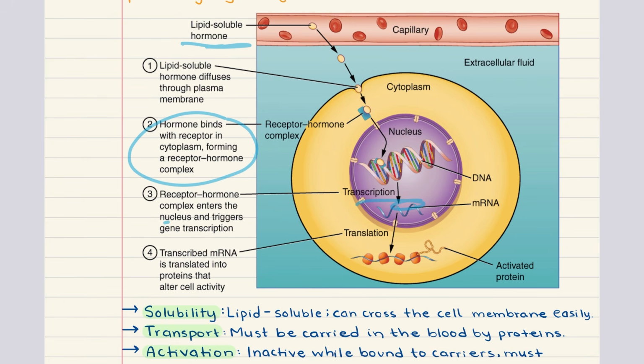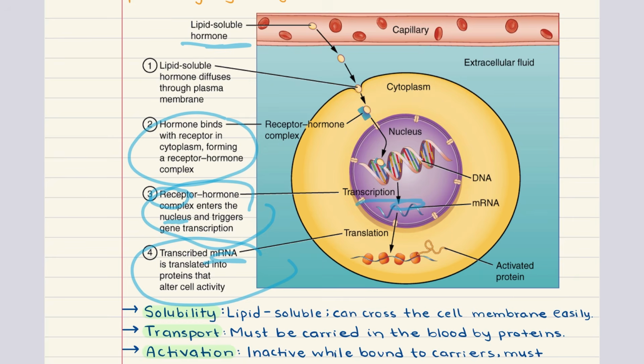Inside the nucleus, this complex binds to specific DNA sequences and then functions as a transcription factor. So in other words, it directly alters the transcription of genes. It's going to turn on certain genes or turn off certain genes depending on the hormone and the target cell. Now, the resulting messenger RNA is then translated into proteins, and that brings about long-term cellular changes.